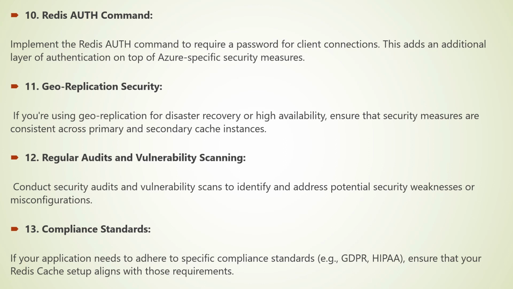This adds an additional layer of authentication on top of Azure-specific security measures. Geo-Replication security. If you're using Geo-Replication for disaster recovery or high availability, ensure that security measures are consistent across primary and secondary cache instances. Regular audits and vulnerability scanning.